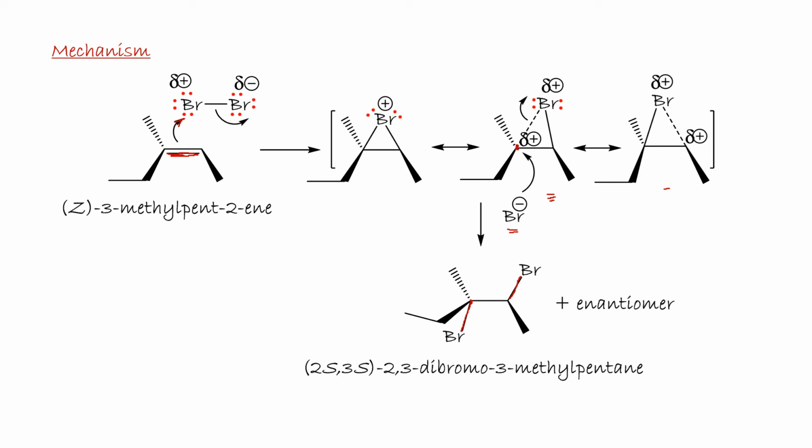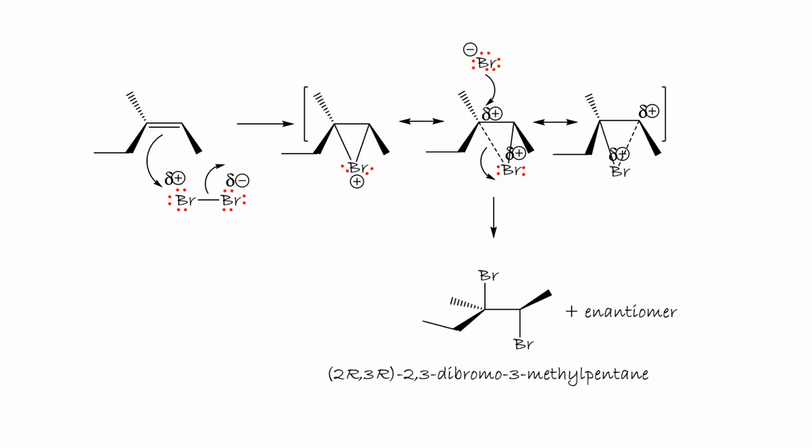plus the enantiomer. How is this enantiomer formed? As we know, the double bond has two enantiotopic faces, the upper face and the bottom face.